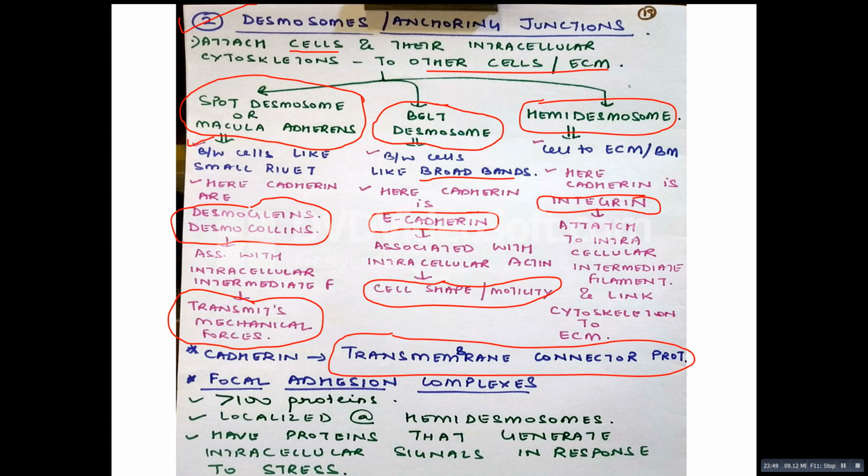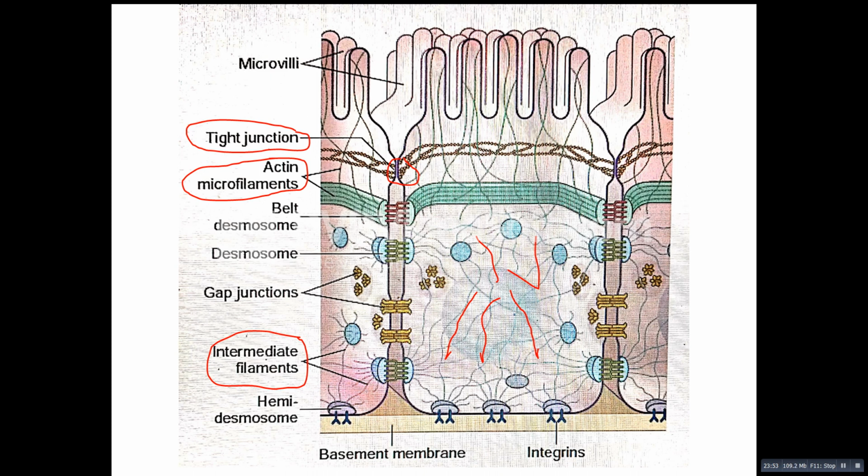Here is the belt desmosome, which forms a broad band connection, and the important one is the hemidesmosome. Why? Because it attaches not only one cell to another, but this cell to the neighboring basement membrane or to the extracellular matrix, and we can see that the cadherin helping the hemidesmosome is the integrins, and again an important MCQ.